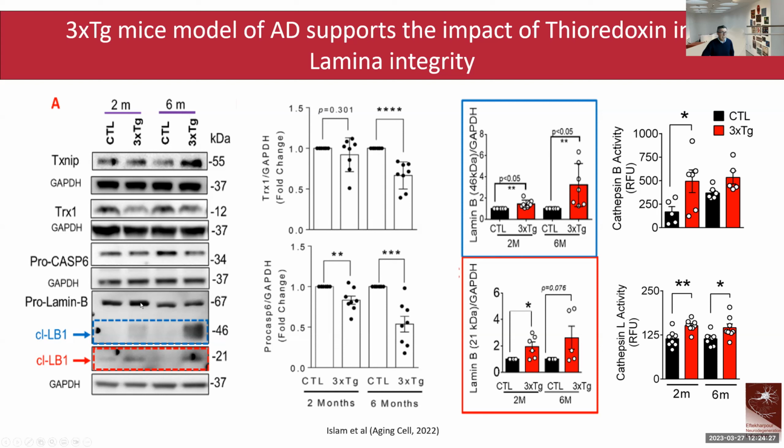And we also see that there is a correlation with increased lamin B damage. Here, what I have shown in the blue box, we are looking at the 46 kilodalton lamin B damage, and that is associated with decreased thioredoxin level.